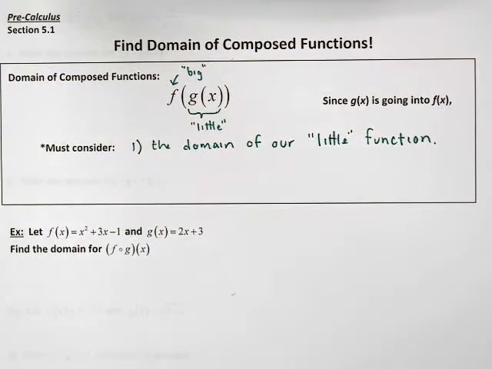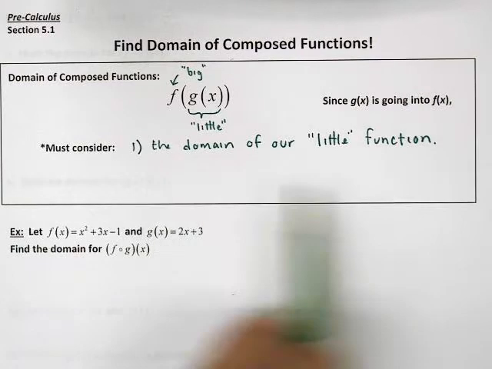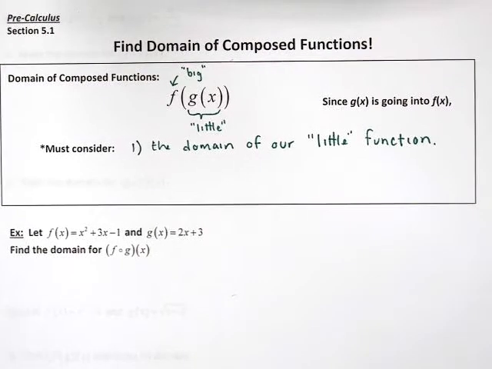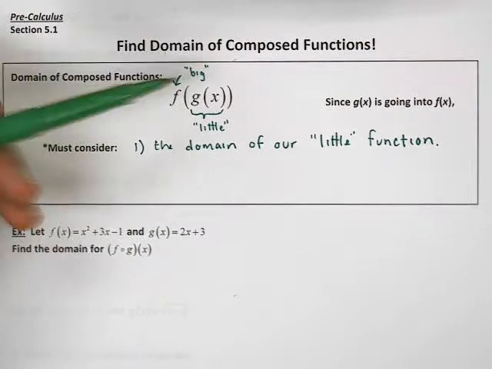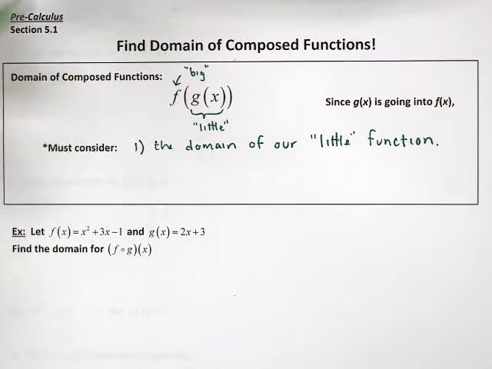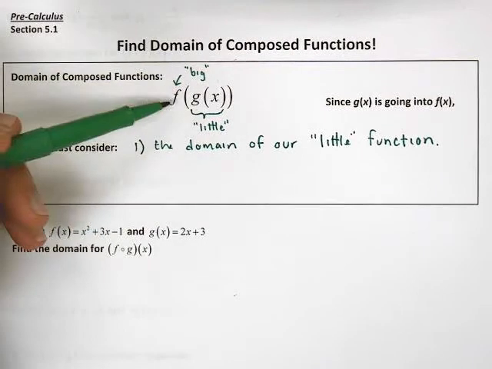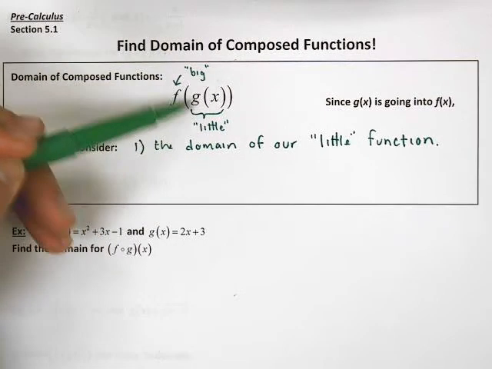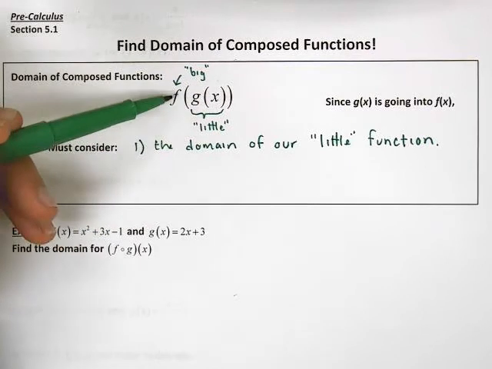The next one, and we can't just say we need to also consider the domain of our big function. It's a little different than that, and the reason is because we're putting g of x into f of x. So it's not that x has to obey f, it's that the entire function, the entire g of x function, has to obey the restrictions of f.